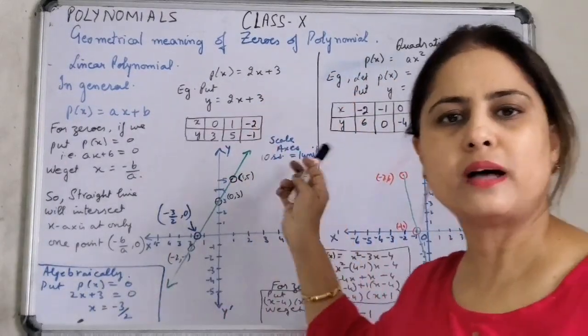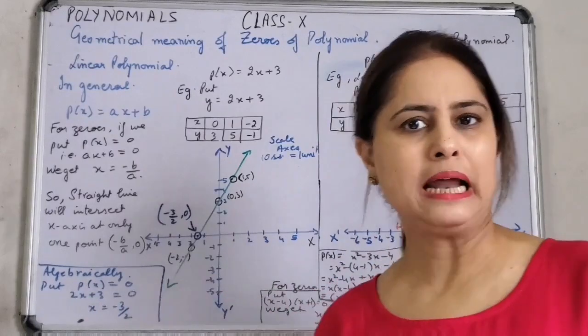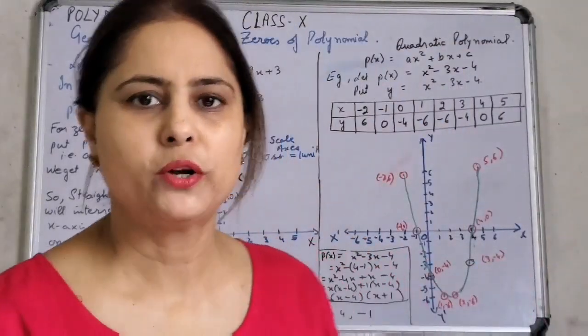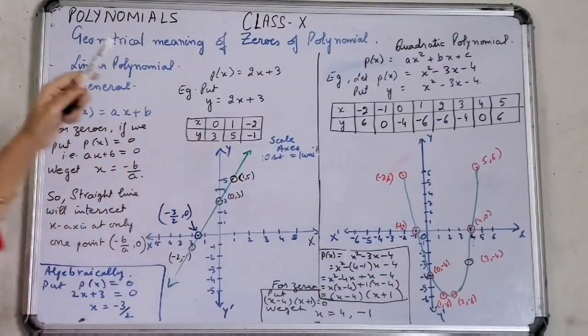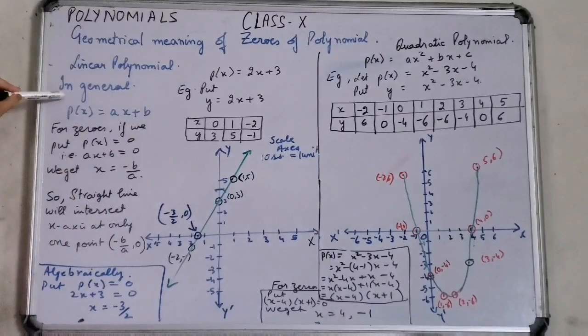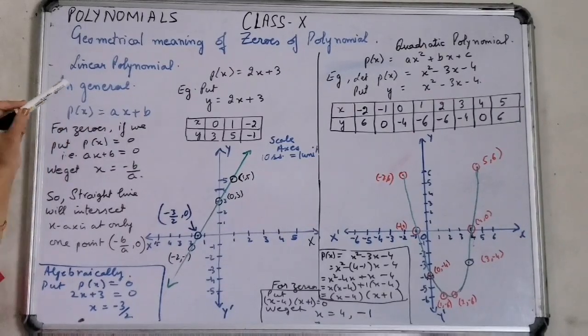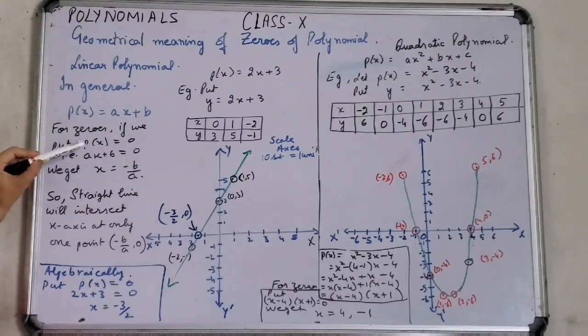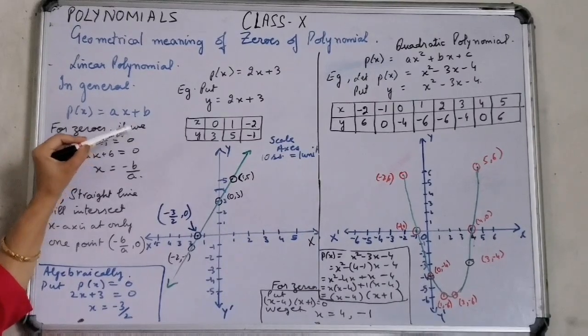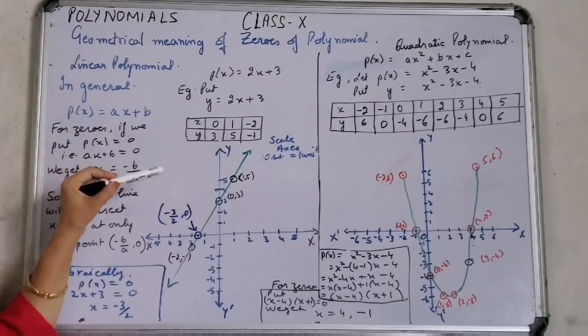I have taken two examples on the board, one of a linear polynomial and the other of a quadratic polynomial. Let's concentrate on the linear polynomial. In general, a linear polynomial p(x) is given by ax plus b. If I have to find the zeros of this polynomial, I'll put p(x) equal to 0, that is, ax plus b is equal to 0.